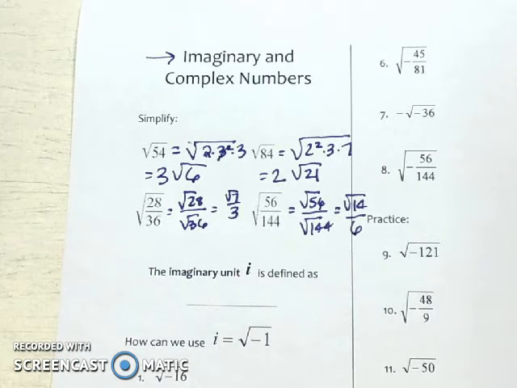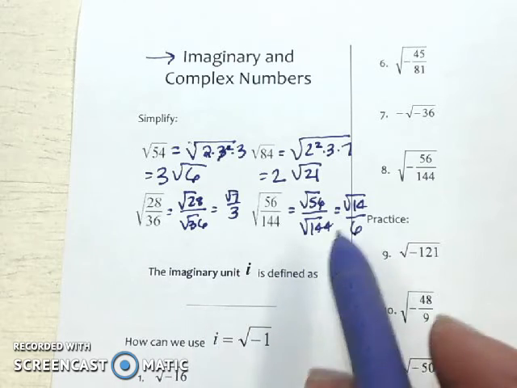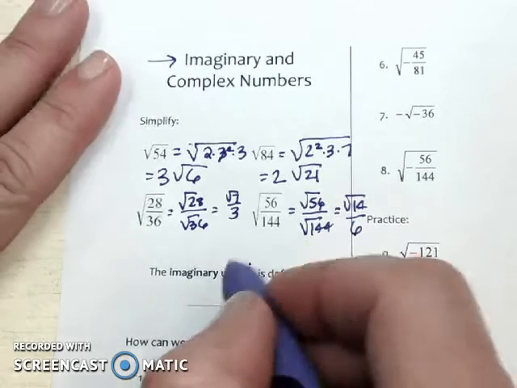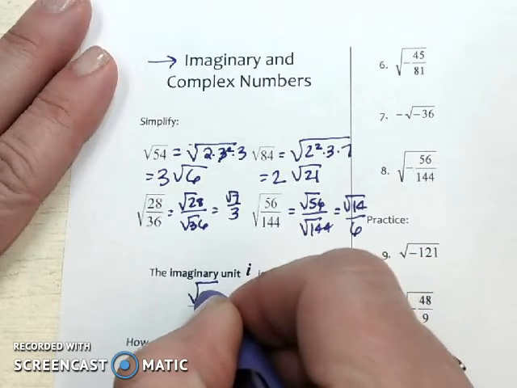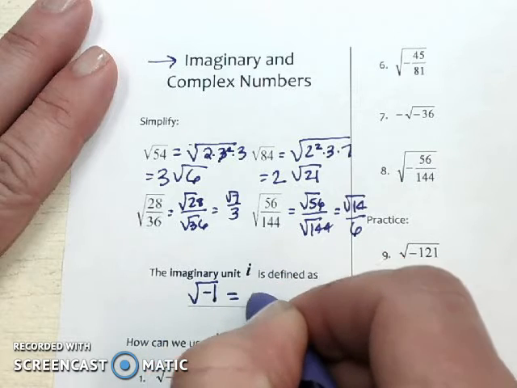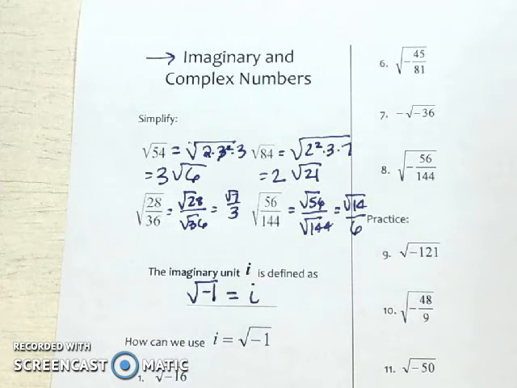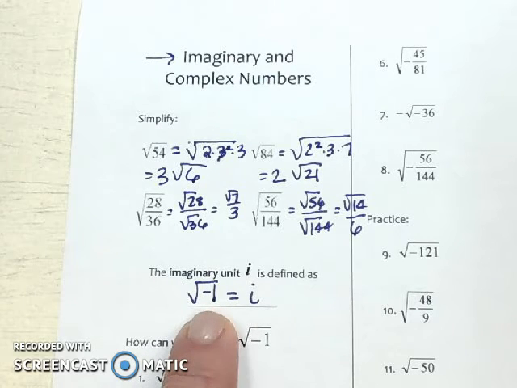So now let's talk about the imaginary stuff. That imaginary unit i is defined as this: the square root of negative 1 is equal to i. And the reason for that is, well, there's some technical stuff that I probably wouldn't even be able to explain, but when you take the square root of a negative number, there's not an answer.